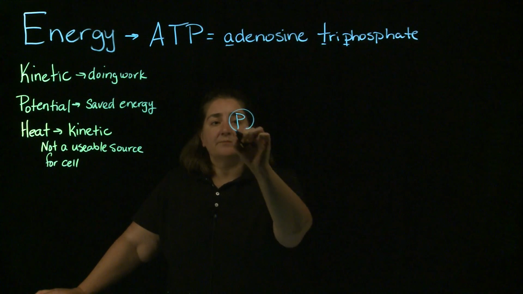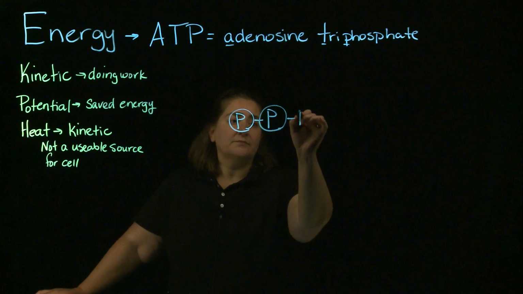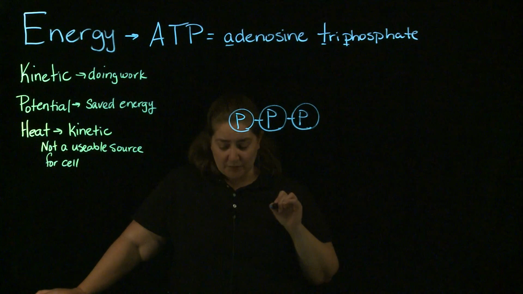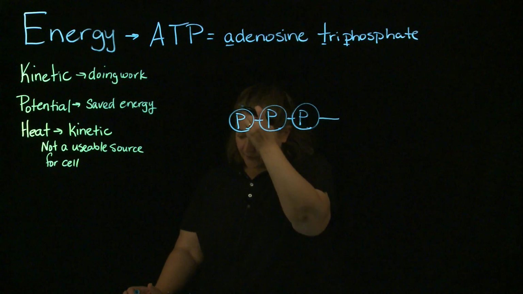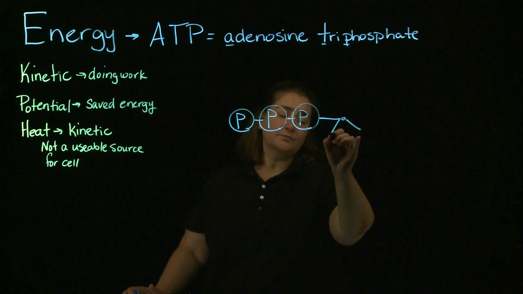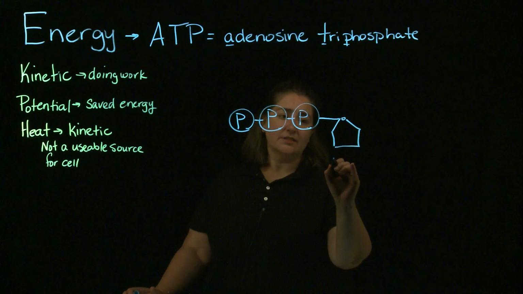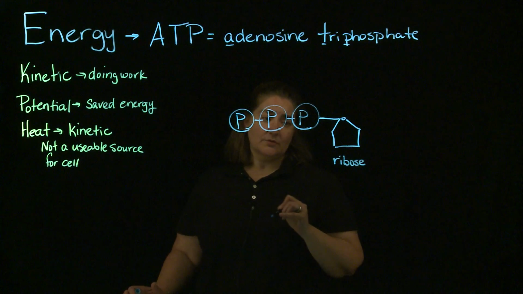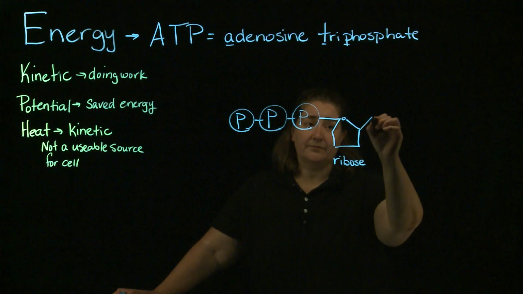Because we've got triphosphate, that means we have 3 phosphate groups. That phosphate group is going to be attached to something we discussed when we talked about carbohydrates. We've got a ribose, so we've got a sugar associated with ATP.